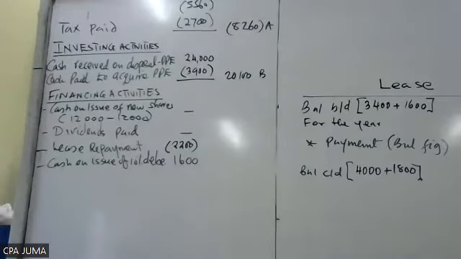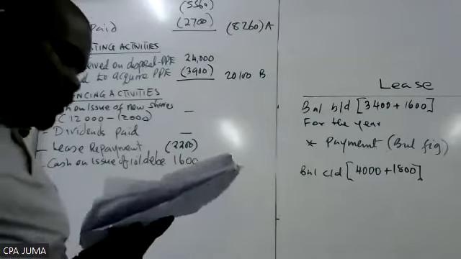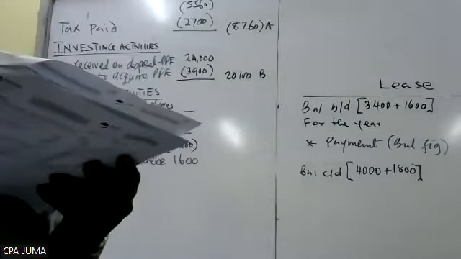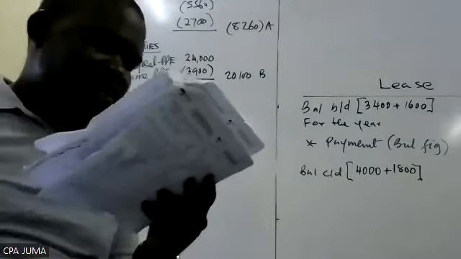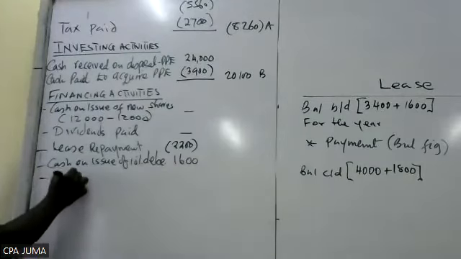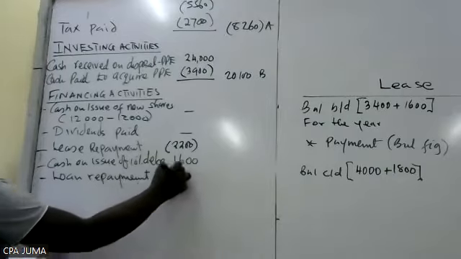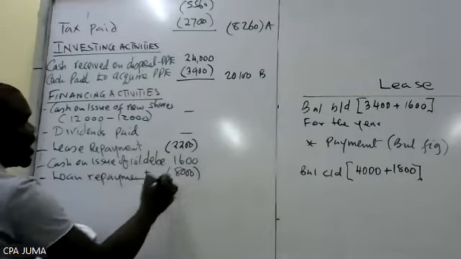After that, 12% bank loan. How much was the loan at the start? 8. At the end of the period, nothing. What has happened? We paid. Loan repayment, 8.